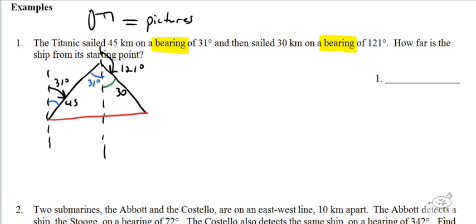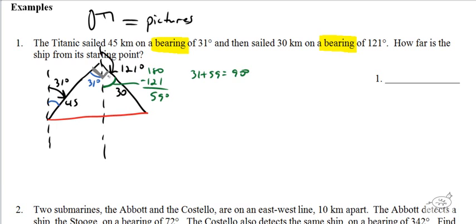If I subtract 121 from 180, I get just this green one, 59 degrees. And then 31 plus 59 is 90 degrees. That's beautiful. So now I can mark this as a right angle.